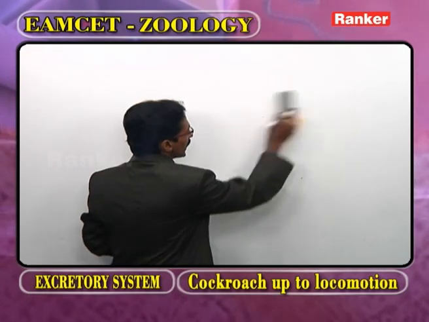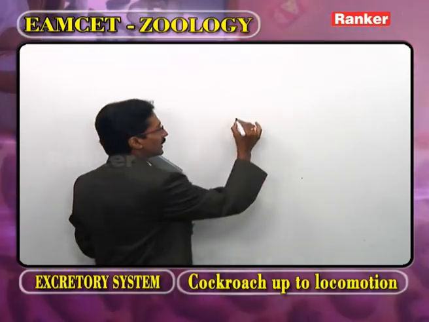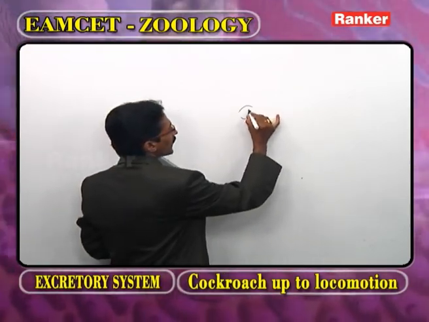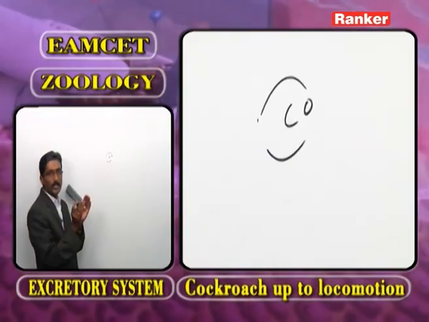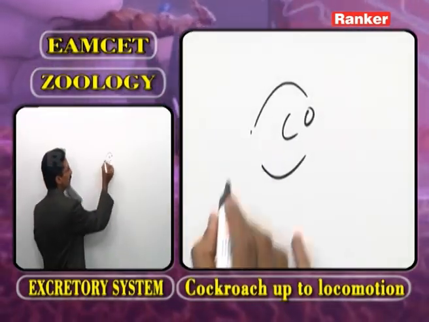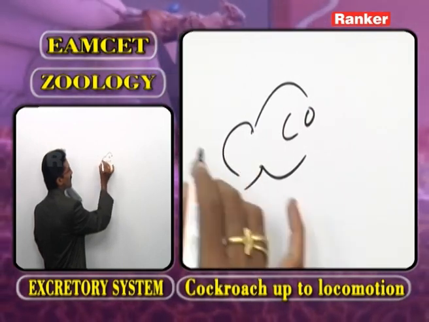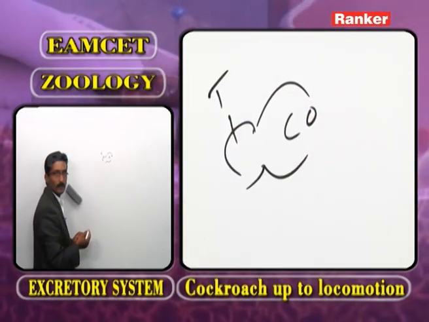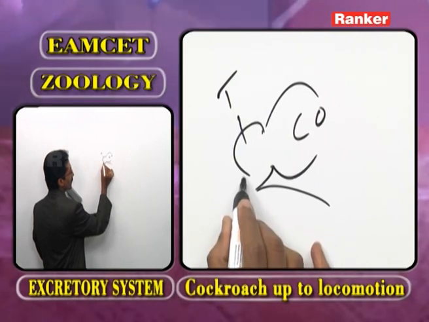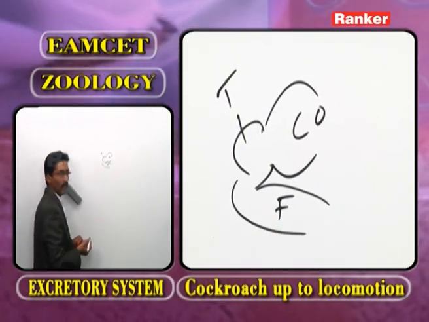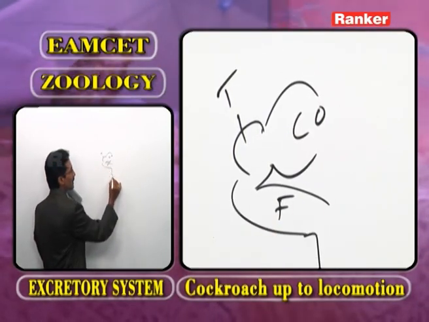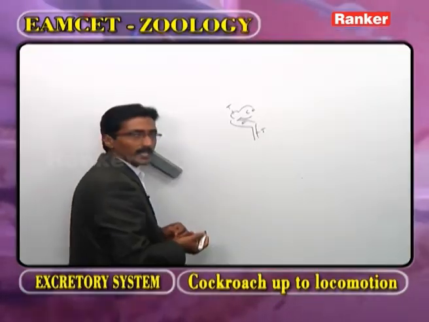Now as we observe the leg of cockroach, the first one we call coxa. It is broad, highly muscular. What is the smallest segment? Trochanter. The trochanter is fixed to the femur. The femur is followed by the tibia.